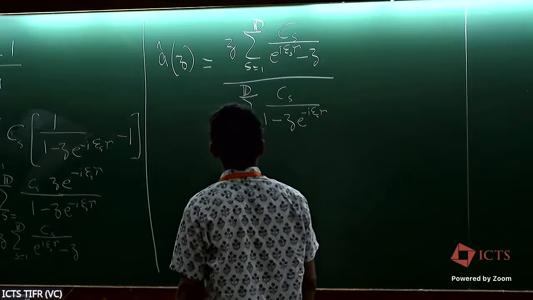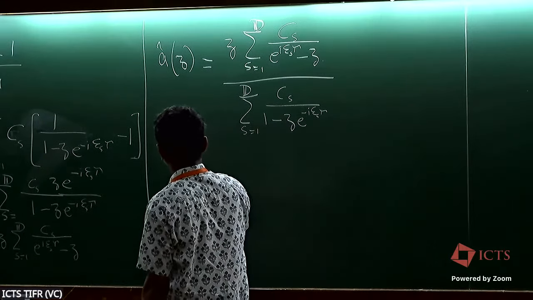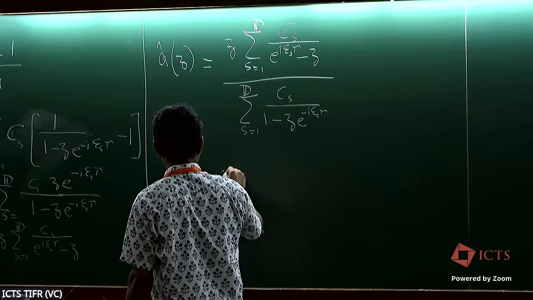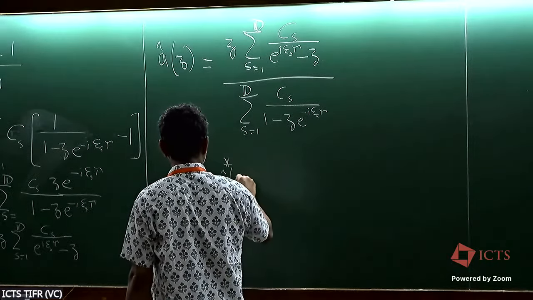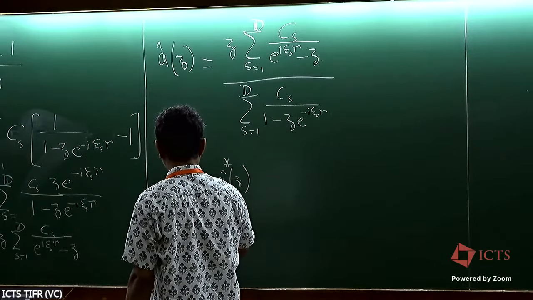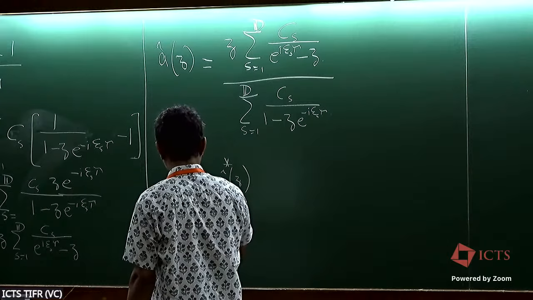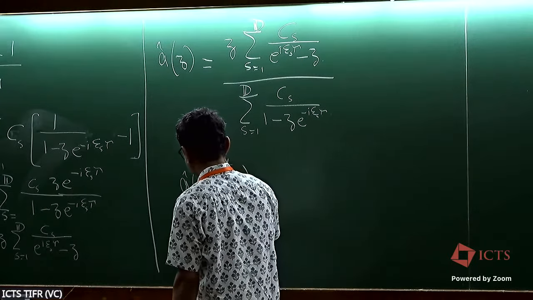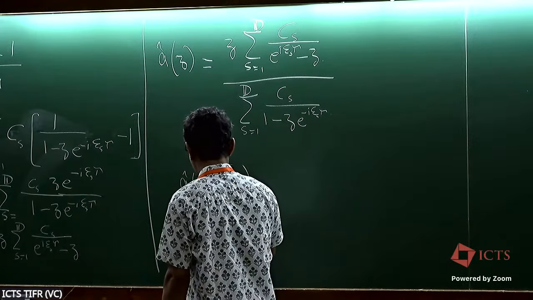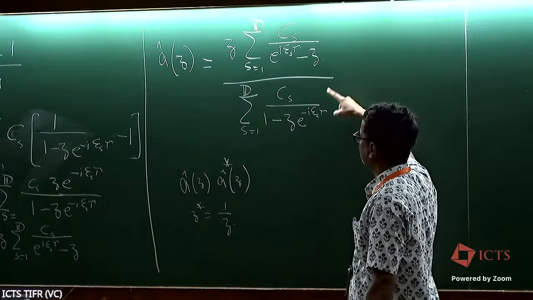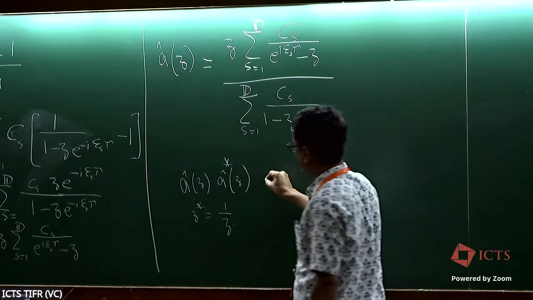Okay, so now if you evaluate this on the unit circle, which means z star equals 1 by z, then you can easily see that this will be exactly 1.